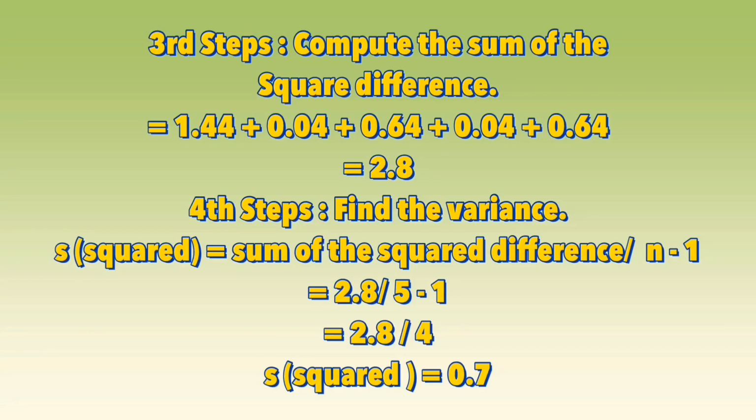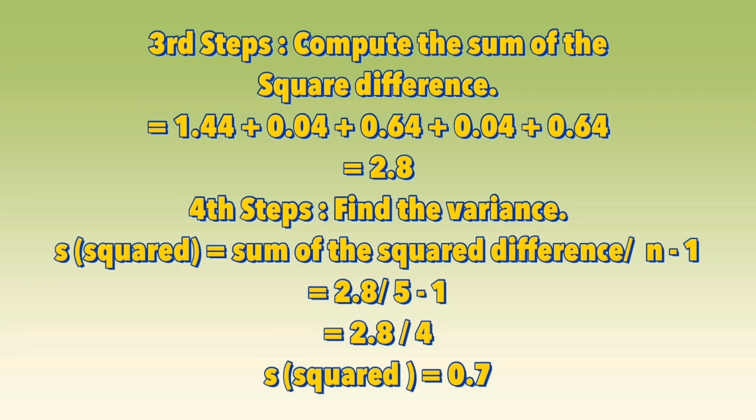The fourth step, find the variance now. Our formula to find the variance is s squared equals the sum of the square differences over n minus 1, where n is the number of samples given. So the sum of the square differences is 2.8 over the sample size, 5 minus 1.